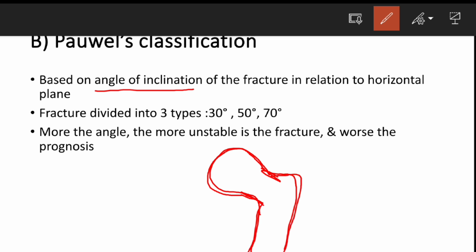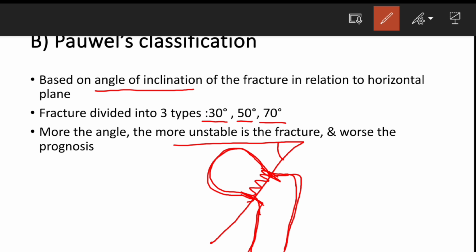If the fracture is like this, it is based on the angle of inclination. This is a horizontal plane, and this is the angle of inclination. It can be divided into 30 degree, 50 degree and 70 degree.